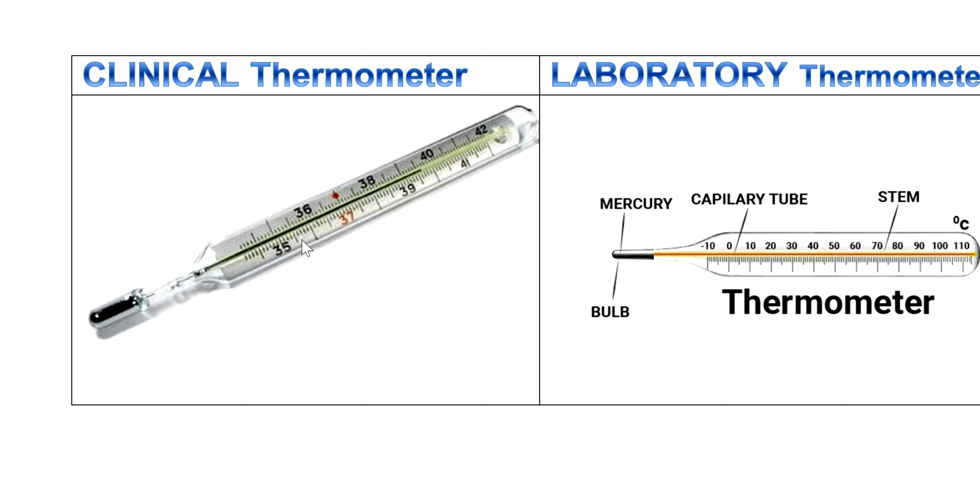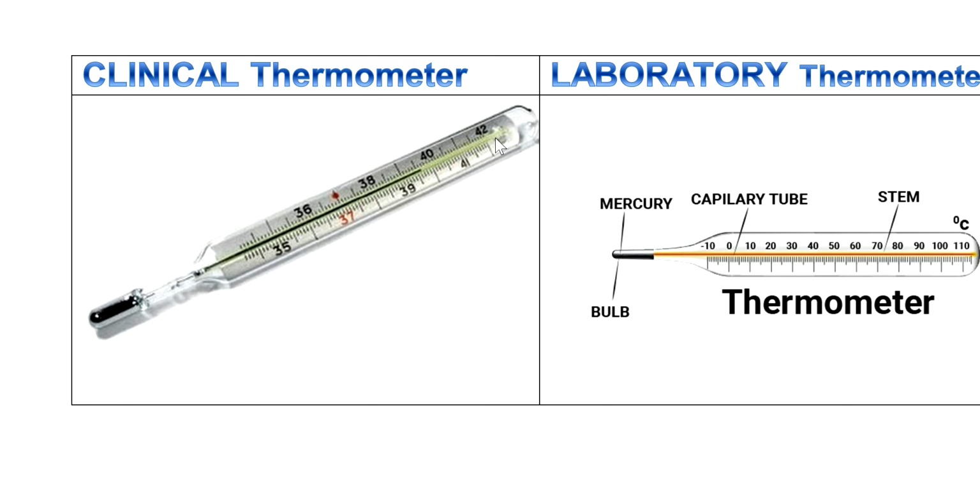So it is representing only 7 degrees: 1 degree, 2, 3, 4, 5, 6 and 7. It is representing 7 degrees difference starting from 35 to 42. So it has almost 7 major steps, 7 degrees Celsius.